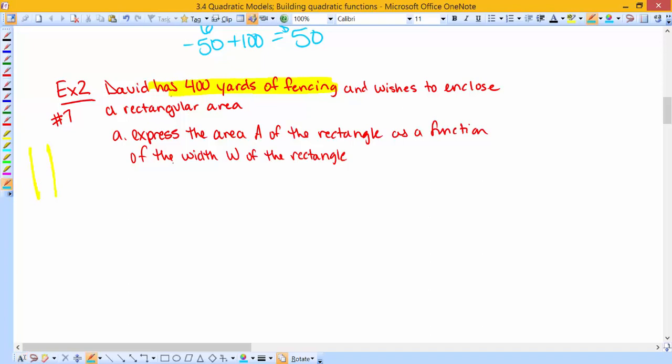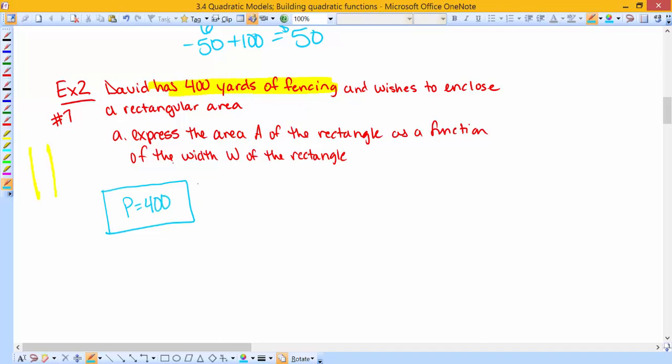So when I am given 400 yards of fencing and I want to make a rectangle, I'm going to start by drawing a rectangle. Now the fencing is what goes around. Hopefully you remember from our early math days, what is around is the perimeter. So I know my perimeter equals 400.